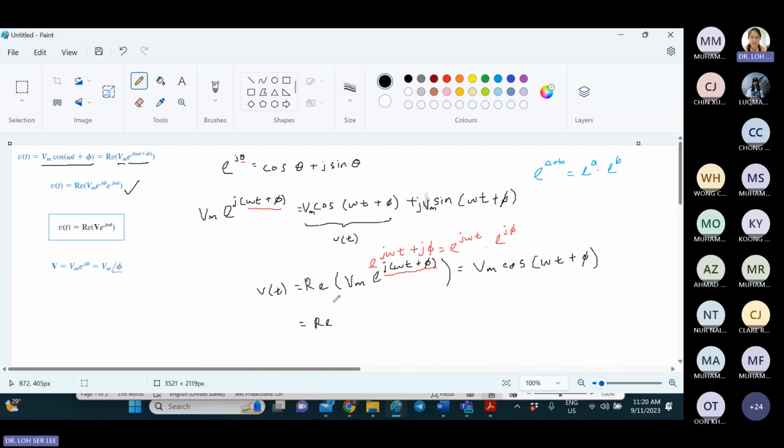That's why your v(t) is the real part of this one, Vm, and we change this one into this form, e^(jωt), e^(jφ). Okay?